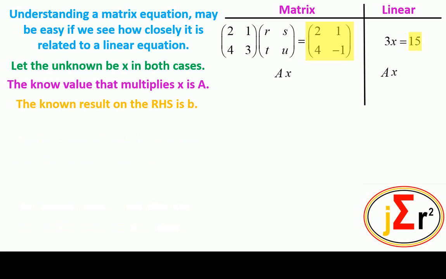The known result on the right hand side is b, and we are representing the known value on the right hand side by b. Therefore, we are just using symbols to make our explanation easier. But we need to understand that only x is an unknown. All the other symbols represent known values.